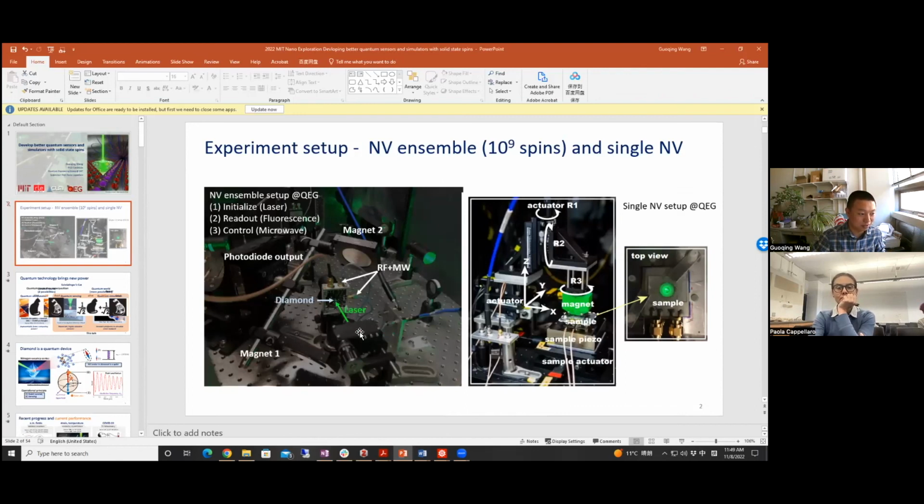All of the lasers and magnetic fields are generated by these optical paths and magnets, and we apply the microwaves through this PCB board. So it is a very compact setup. We want to note that our setup in the group is not optimized for practical applications. If you really want to develop a commercial application, you can always make it very compact and tiny. All right, thanks.